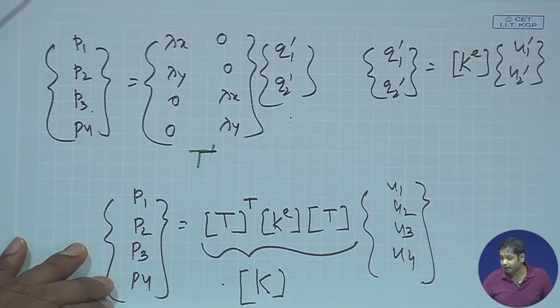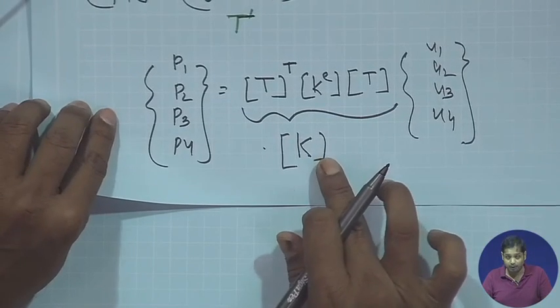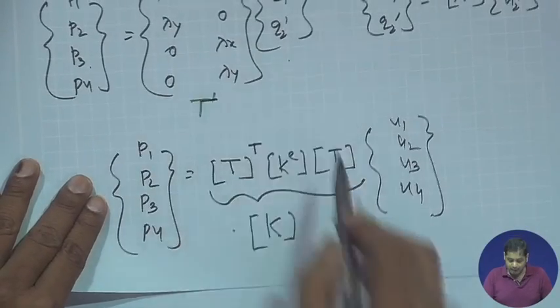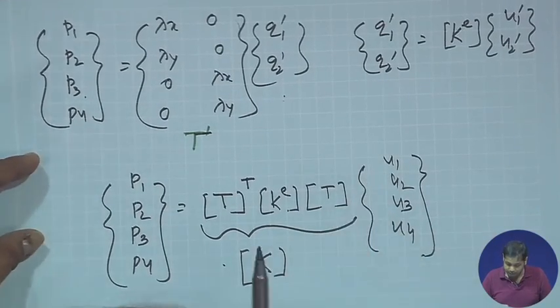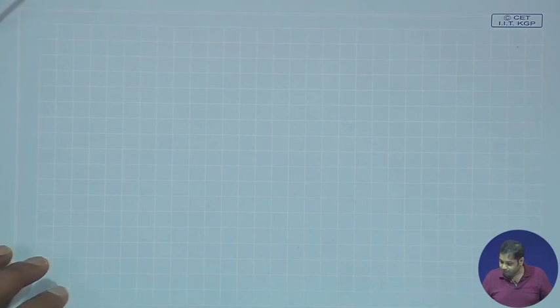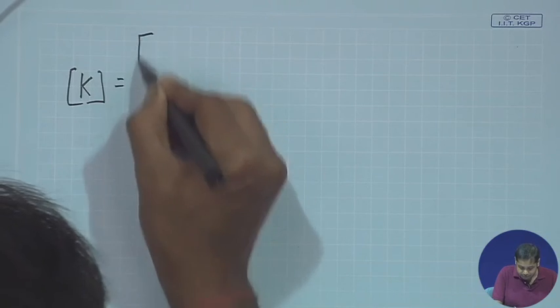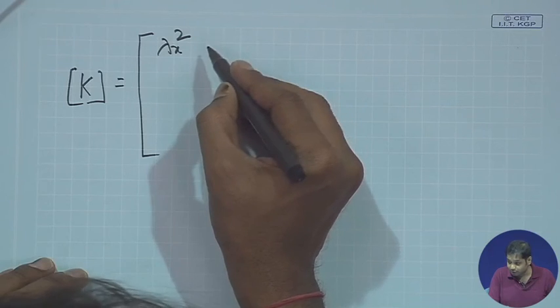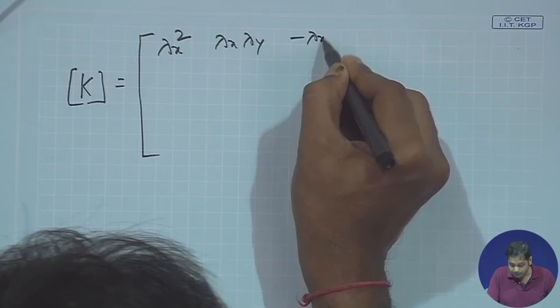If this is the element stiffness matrix written in the global coordinate system, and if you substitute T by this and Ke by the expression we have already determined, then the final expression of K, the global stiffness, which is the element stiffness matrix written in global form, will be: lambda x square, where lambda x is equal to cos theta, lambda x lambda y, and then minus lambda x square.